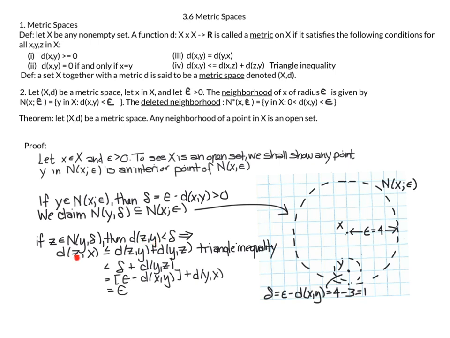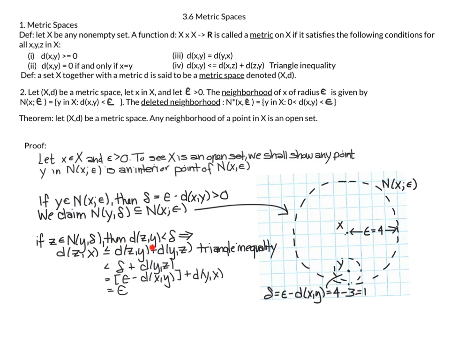So the distance between z and x, by the triangle inequality, is less than or equal to the distance between x and y plus the distance between y and z. The distance between y and z, since z is in the neighborhood of y with radius delta, must be strictly less than delta.